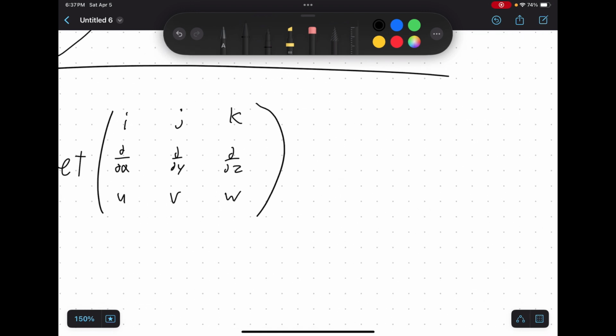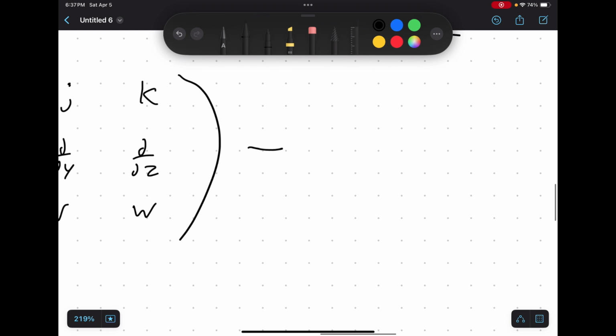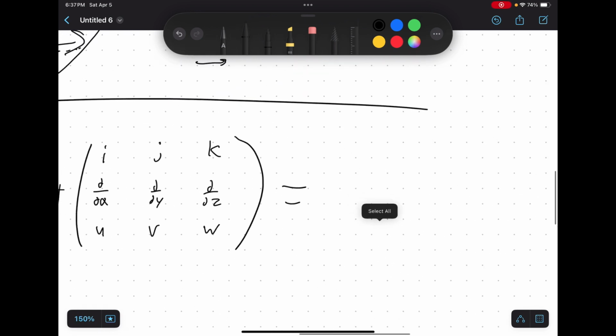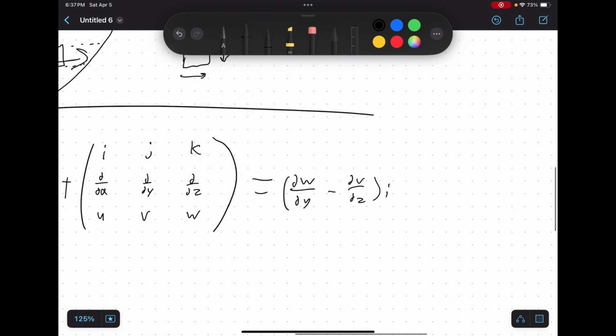So what is the determinant? It's cross out those two and multiply by I. So it would be dw/dy minus dv/dz, I, minus dw/dx minus du/dz.